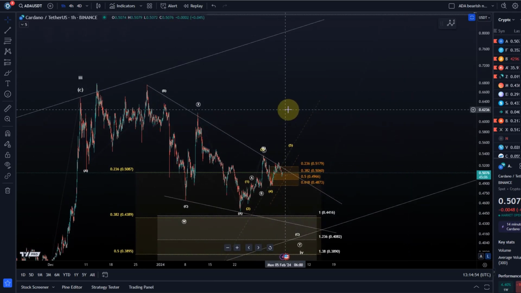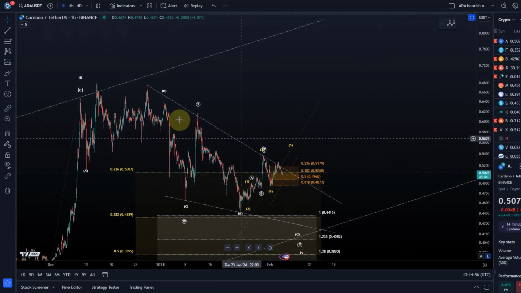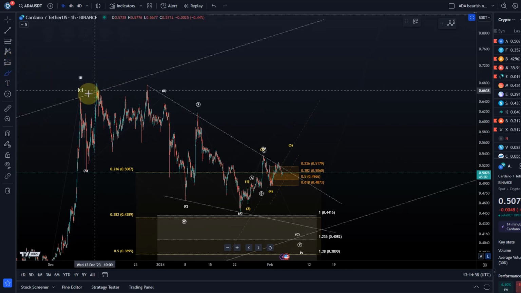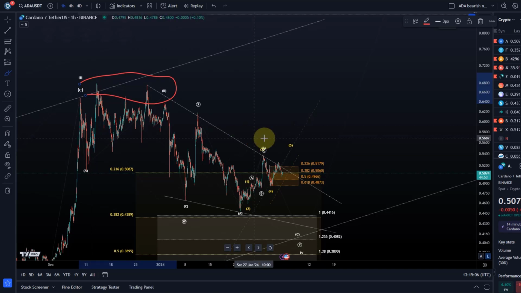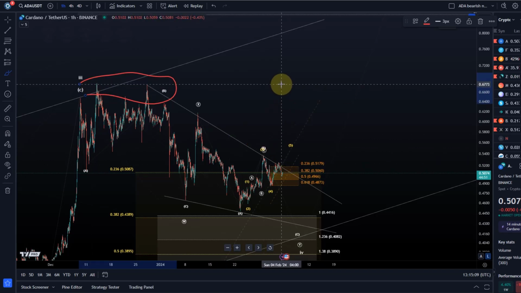Now, normally the first target for a wedge breakout is the beginning of the wedge. That is up here. So it is very likely that the market would see some resistance there anyway. So yeah, we could define that as a first target for a wedge breakout. That is at around 67.7 cents.